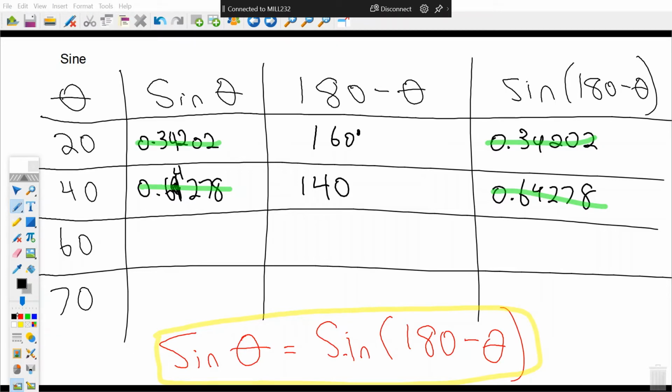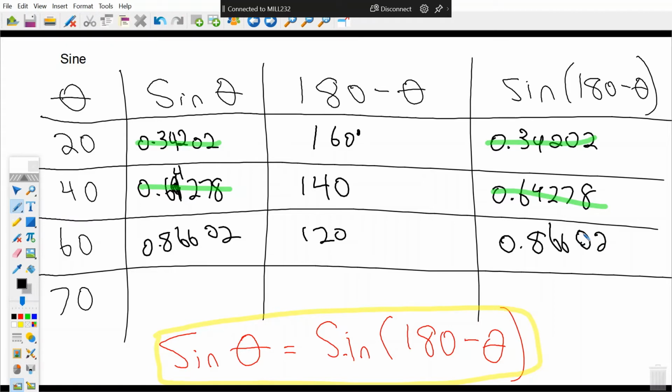I'll just fill them in quickly. Sine of 60 is 0.86602. 180 minus 60 would be 120. So the answer here is the same, 0.86602.